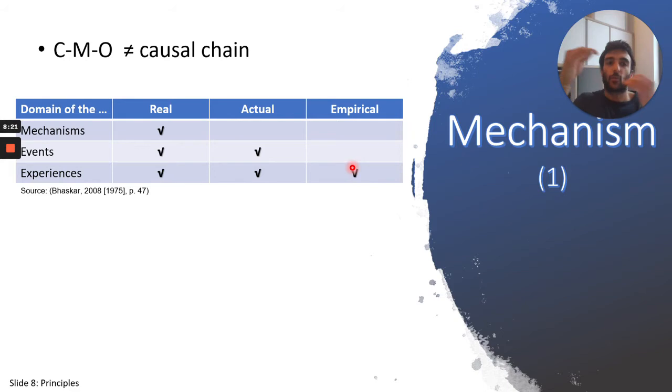And so they cannot work together and create O because they are at different ontological levels, right? Rather, there is a linkage, an ontological relationship, an ontological linkage between the mechanism and the context.